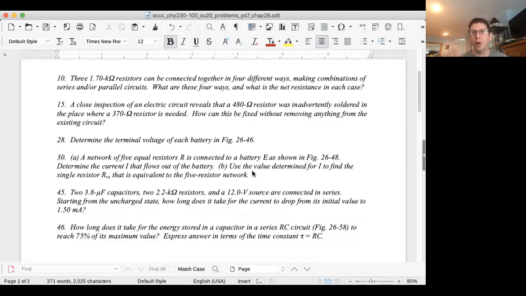The best way to go about this problem is you're going to set up a bunch of different equations and basically solve each equation for one unknown and sort of work your way back. And you'll reach a point where there's one equation where you'll get a value for the current through one of the resistors, and once you have that, everything else falls into place. But it's a little bit involved.